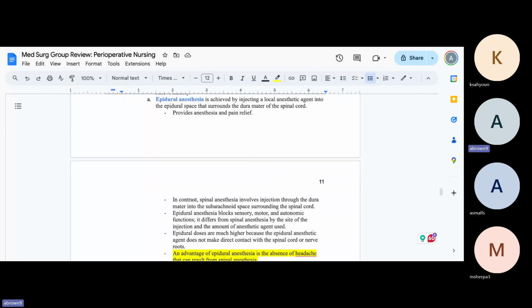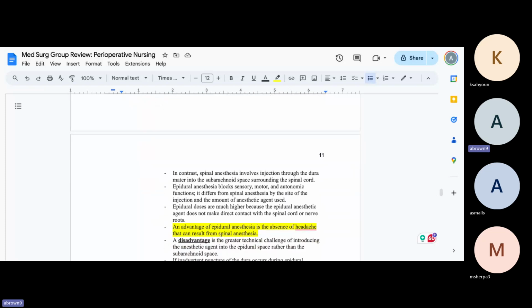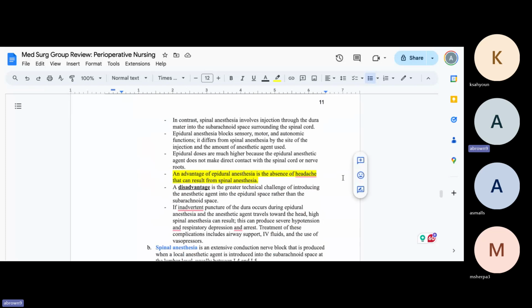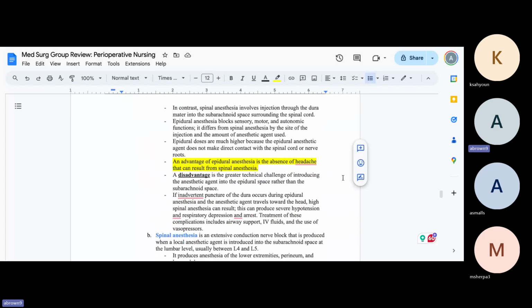Epidural anesthesia is achieved by injecting a local anesthetic agent into the epidural space that surrounds the dura mater of the spinal cord. It provides anesthesia and pain relief. In contrast, spinal anesthesia involves injection through the dura mater into the subarachnoid space surrounding the spinal cord. Epidural anesthesia blocks sensory, motor, and autonomic functions.